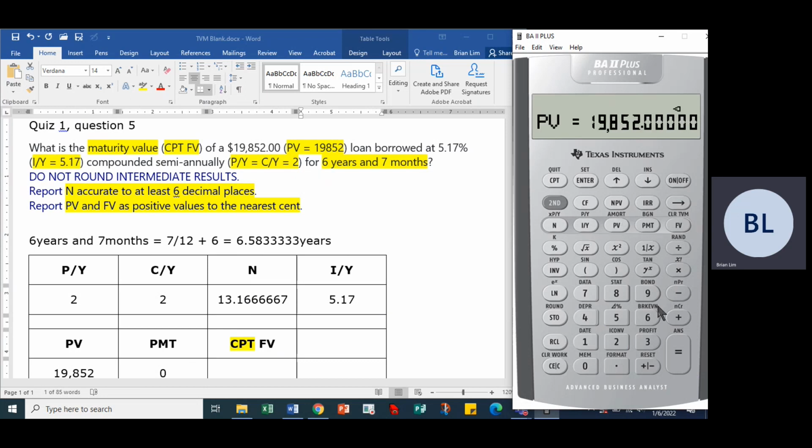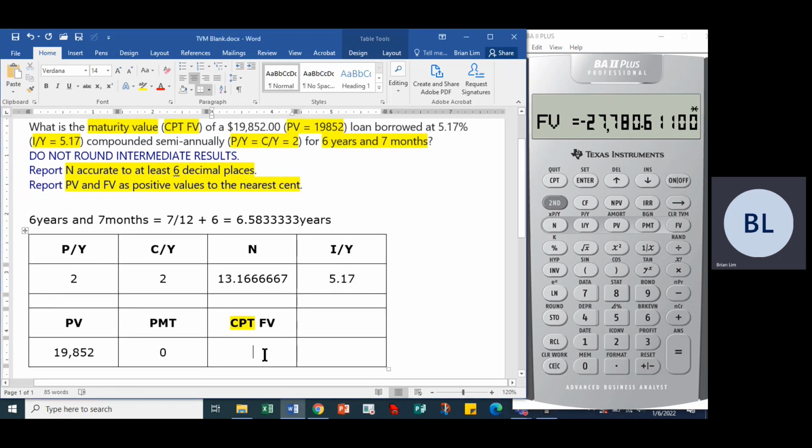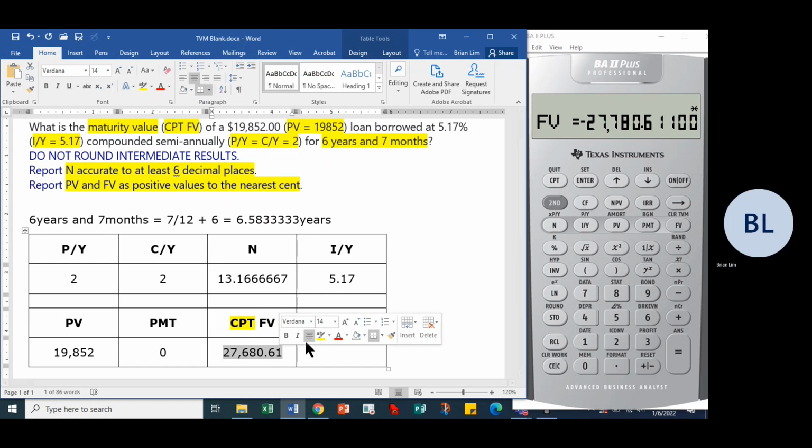The future value will come out as negative. 0 for the payment, and then we compute the future value and we get 27,780.61. All right, so this is the answer.